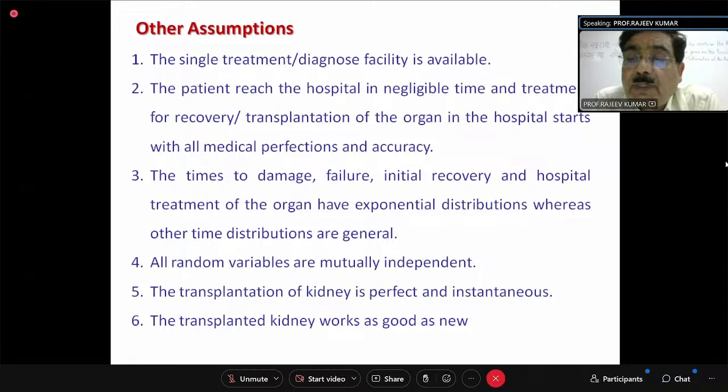It has the Markov property, and we are doing Markov analysis. We are using the semi-Markov technique. So the Markov technique requires that the future is not affected by the past, but it may be affected by the present.